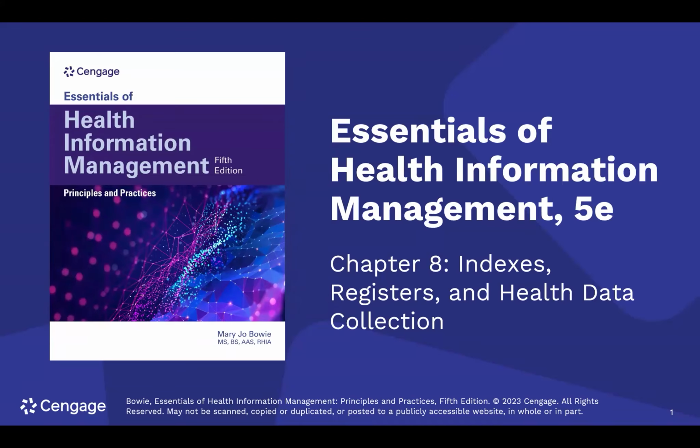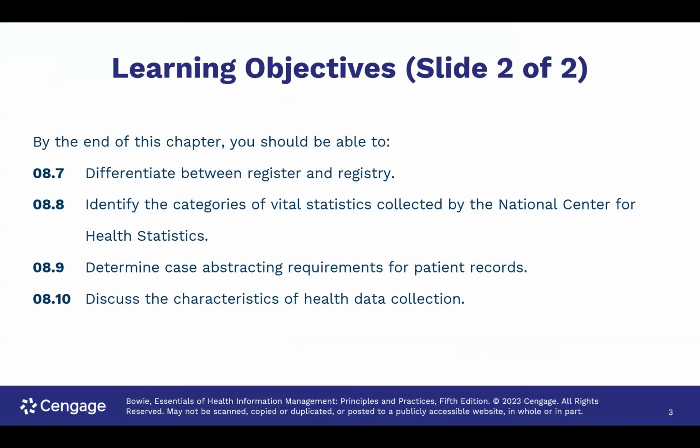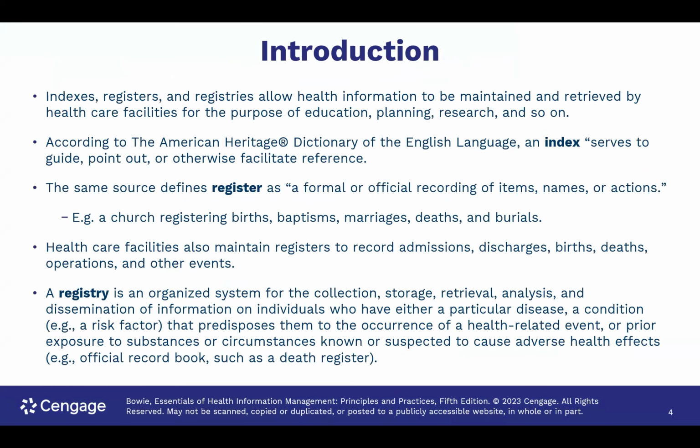Okay. And again, this is Chapter 8 covering indexes, registers, and health data collection. Indexes, registers, and registries allow health information to be maintained and retrieved by facilities for the purpose of education, planning, research, and other non-clinical needs.